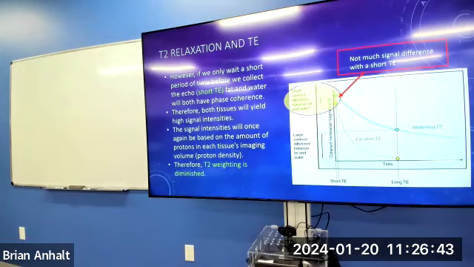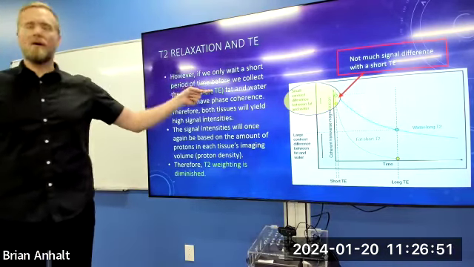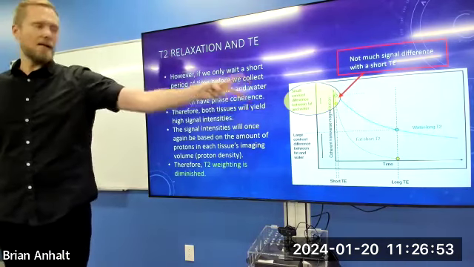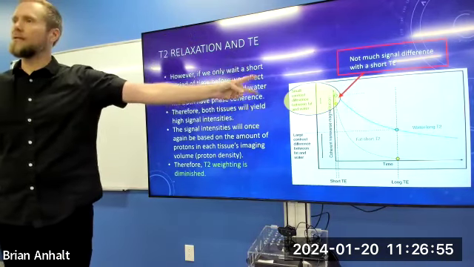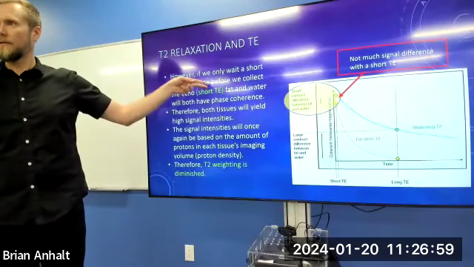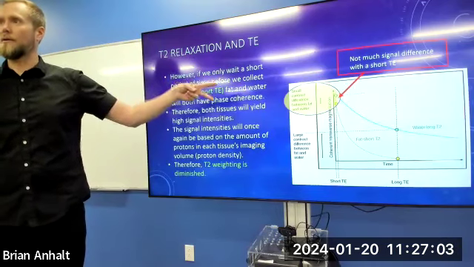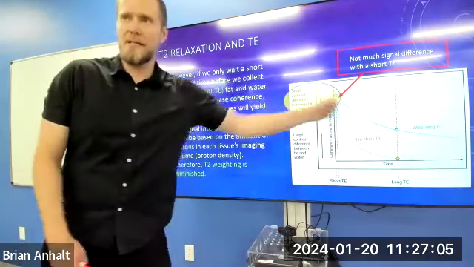And produces bright signal. You gotta try to keep these ideas in your head. Brass tacks though, long TE gives us more T2 contrast. Short TE diminishes it. And then just know the tissues that are going to look bright or dark if we prescribe a long TE.